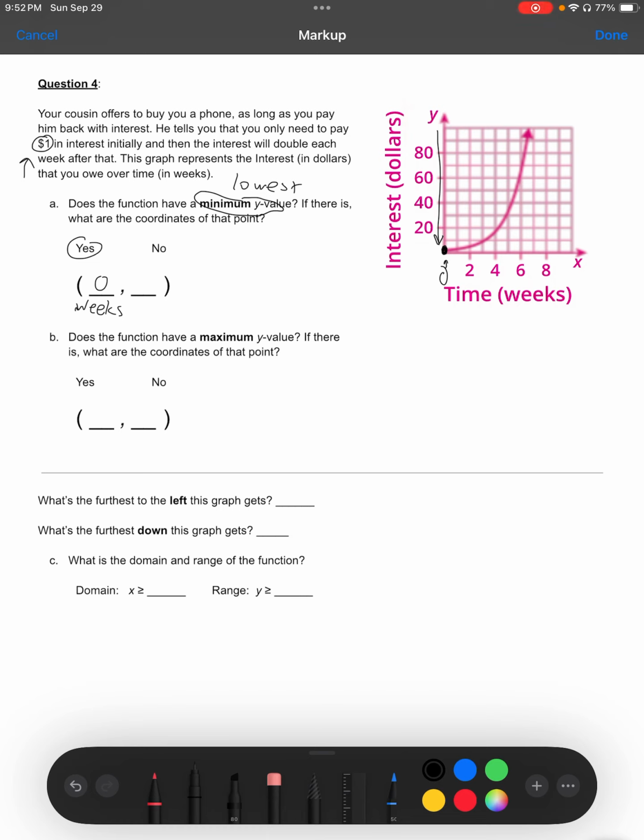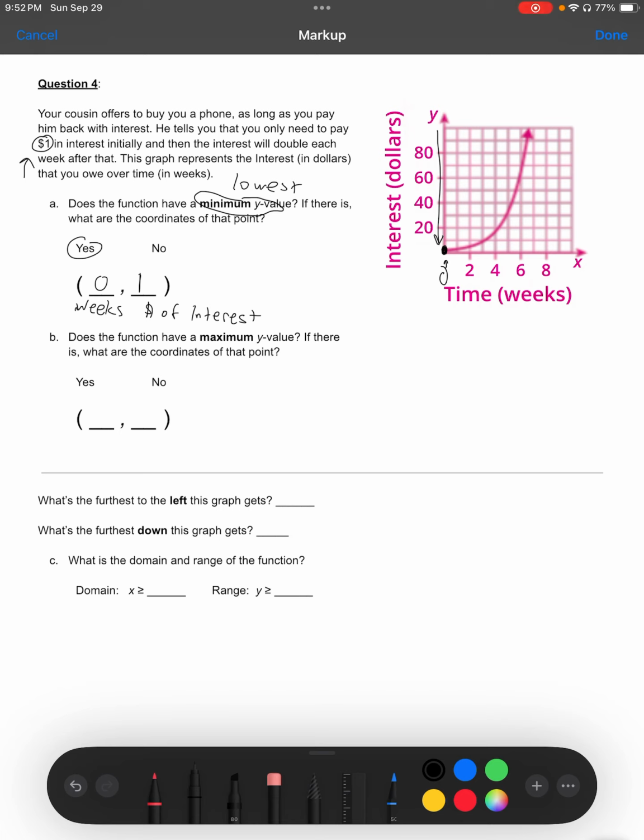So while it does kind of look like it might go down to 0, it actually begins at $1 of interest. So that would be the minimum point, the lowest the graph gets. It goes down to the point 0 weeks, $1 of interest.